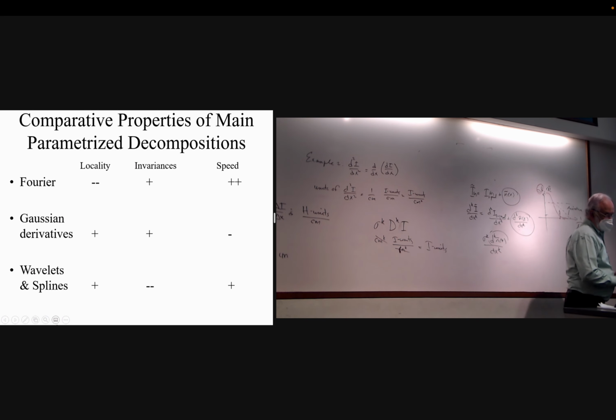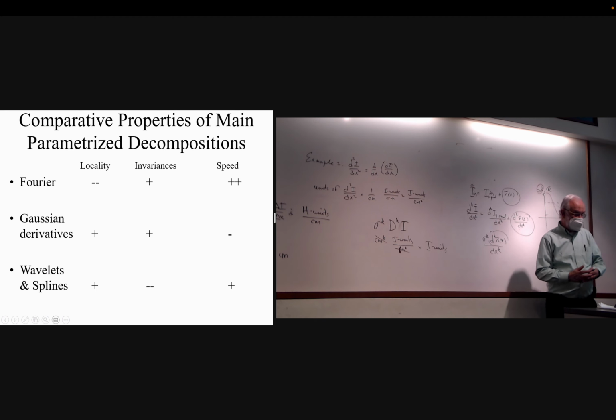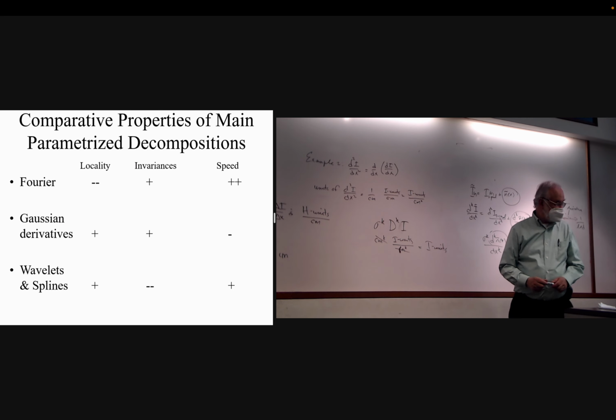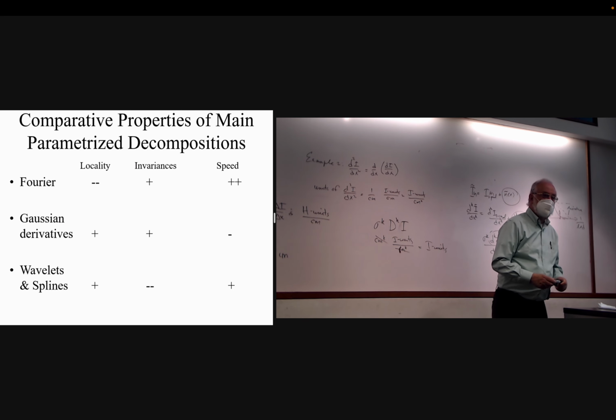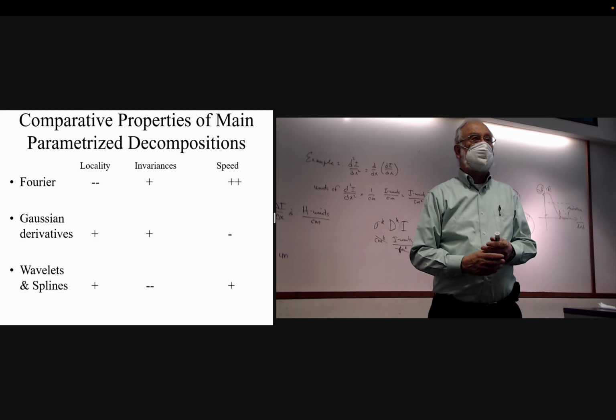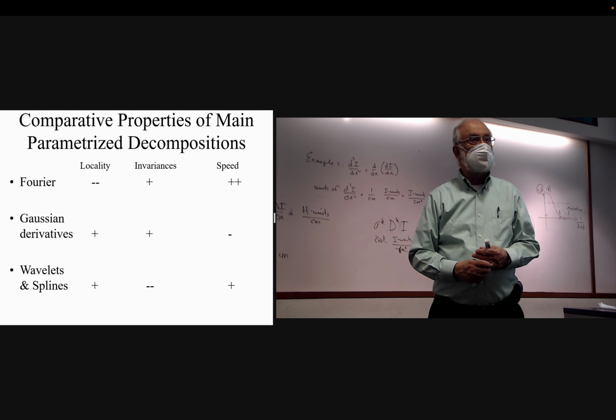And those can also be done with locality and with various scales, and this whole multi-scale idea, just as the Gaussian derivatives. And then here's the story. The Fourier basis is completely lousy with regard to locality.